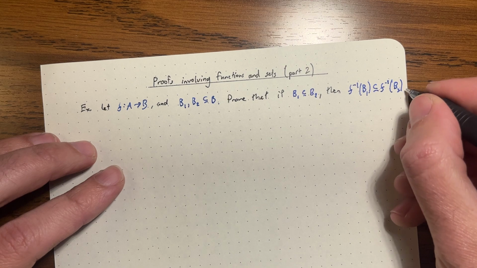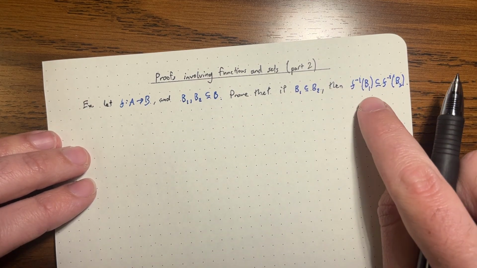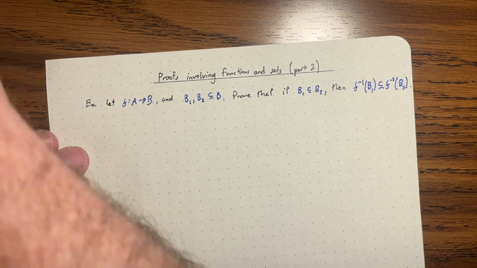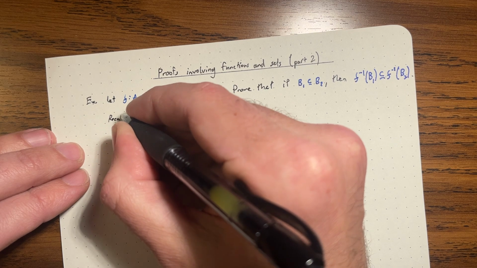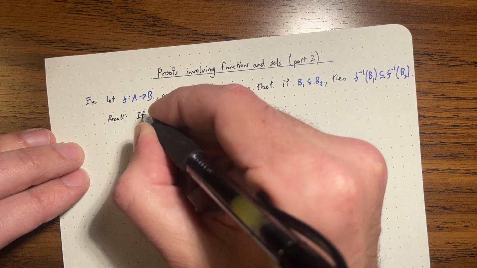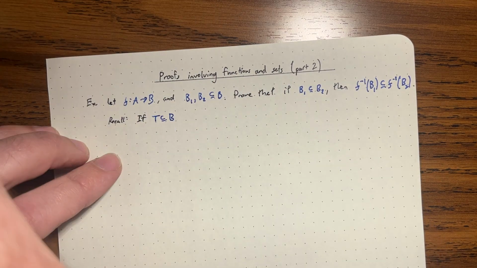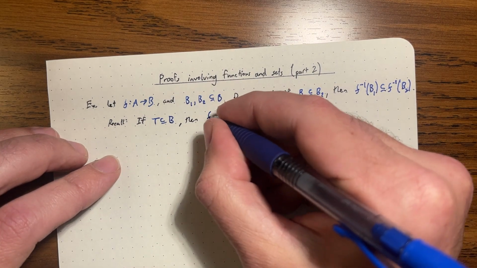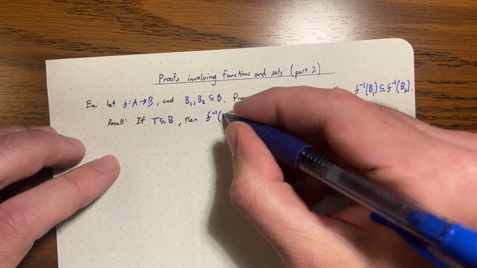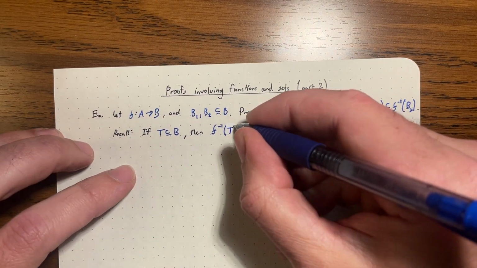So let's recall what this means really quick. This inverse image is not the inverse function. B1 is a set, so this is just a notation meaning the following. If T is a subset of B, then we define f inverse of T. You can also define f inverse of B, but this is more general.